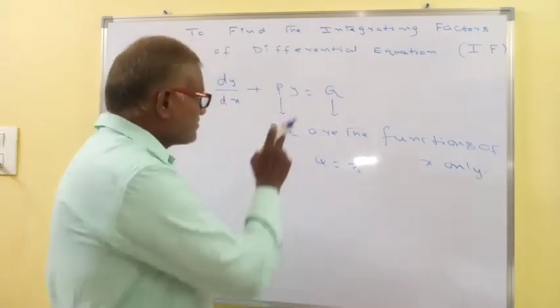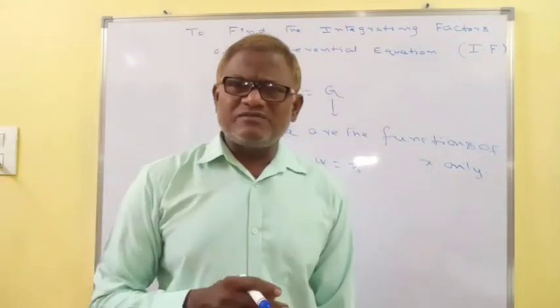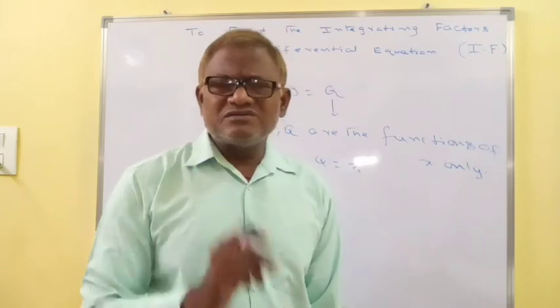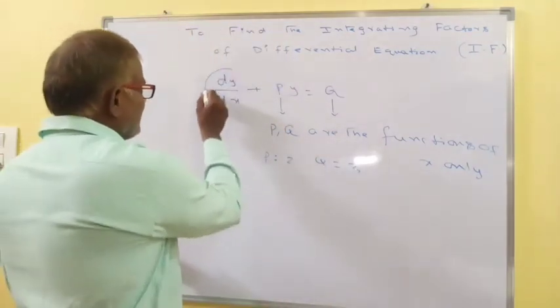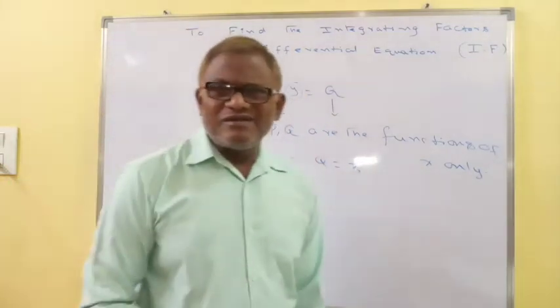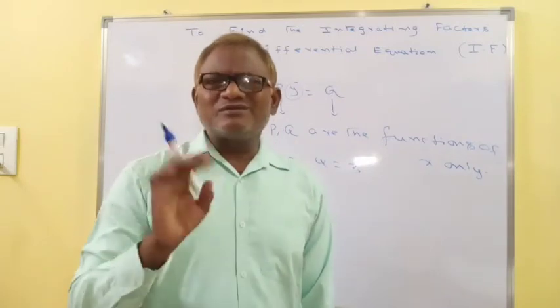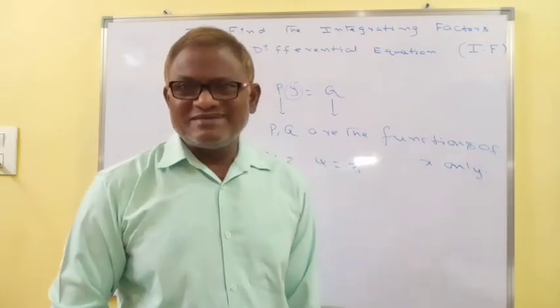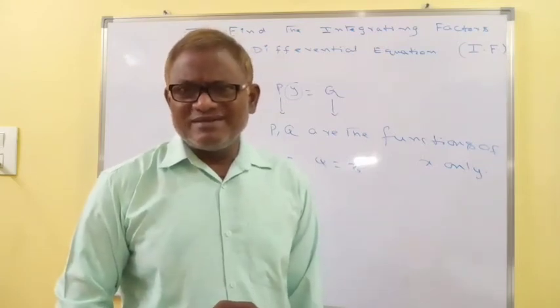So first of all, you have to express it like this: dy by dx plus py is equal to q. And one more thing, dy by dx and y may not be multiplied together. They are not multiplying together. Remember this one. These are the 2 points you should remember.